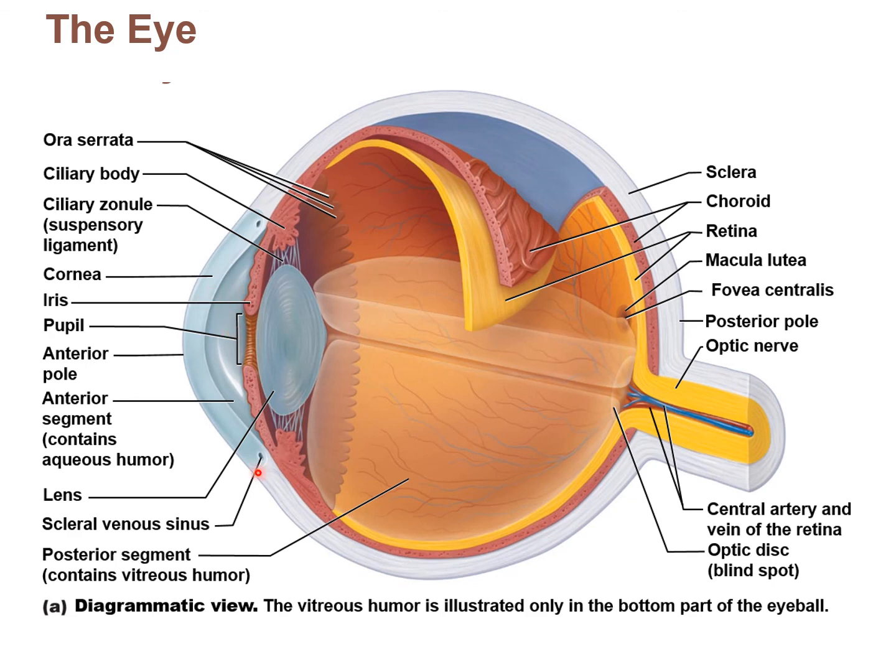So fluid is produced through the blood vessels. Remember, the red is the vascular layer, the choroid layer. Well, fluid will come out of there and fill up the posterior chamber with aqueous humor. It'll go through the pupil into the anterior chamber and then drain through this little canal, the scleral venous sinus. Sometimes it's called the canal of Schlemm.